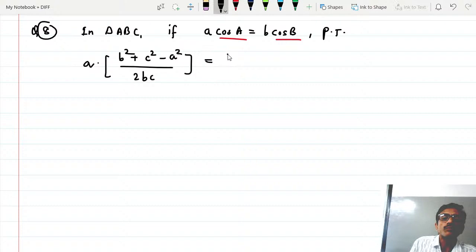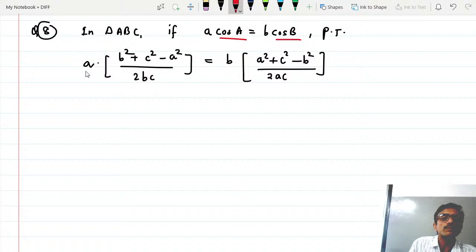It is equal to a into cos B; cos B is (a square plus c square minus b square) upon 2ac.